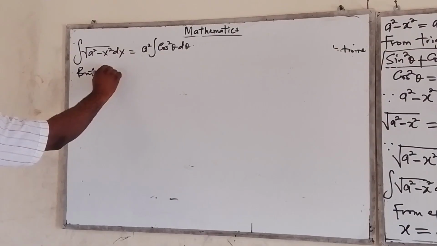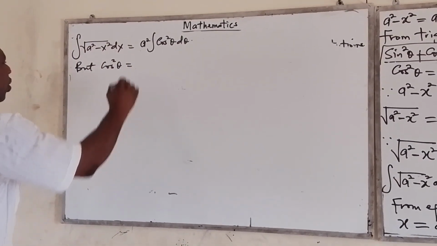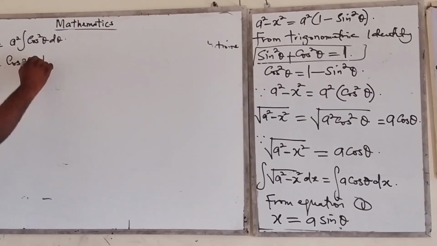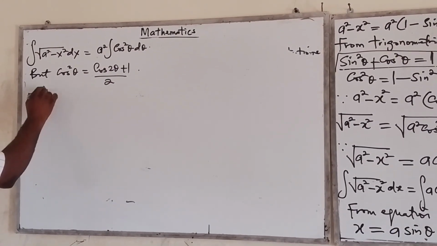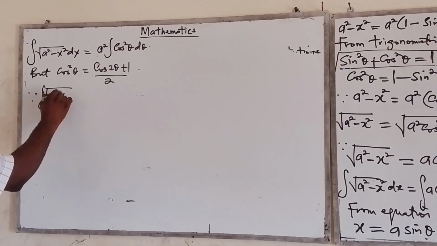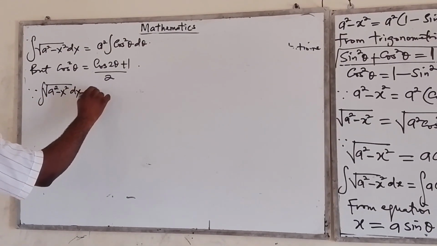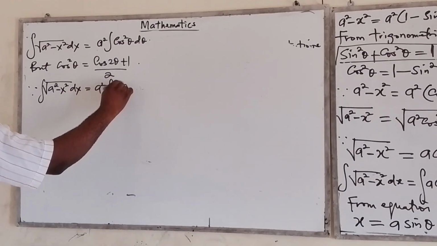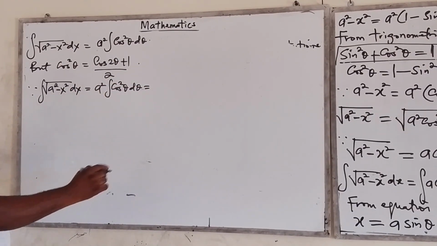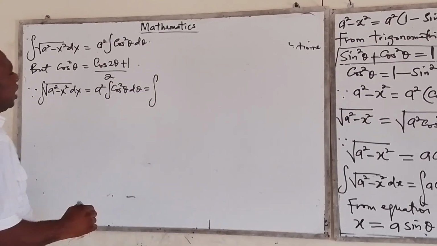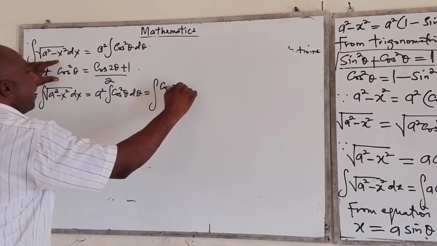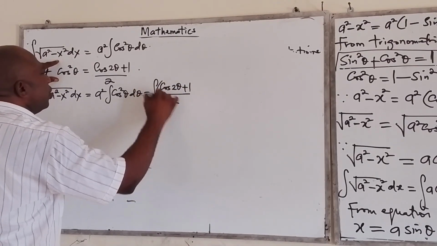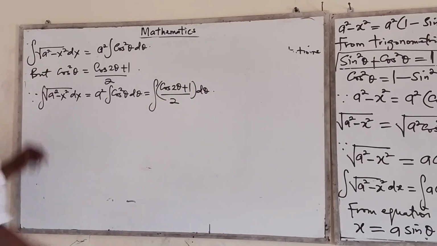Looking at the value of cos squared theta, which is cos 2 theta plus 1 all over 2, this will now be equal to the integral of cos 2 theta plus 1 all over 2, d theta.